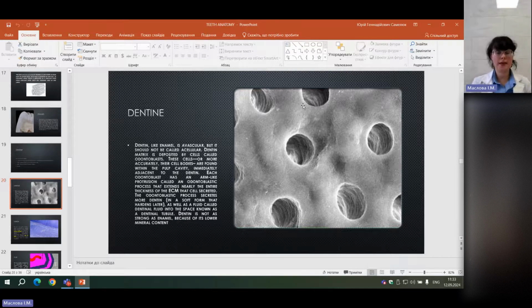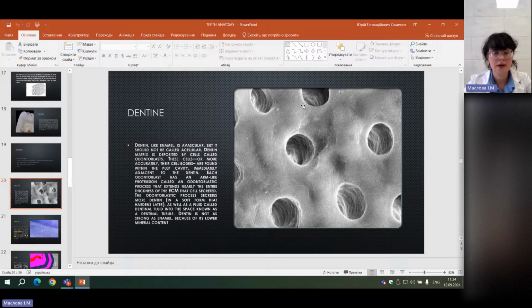Both dentine and pulp are derived from the dental papilla. Dentine is produced by odontoblasts as predentine, a mesenchymal product composed of collagen fibers, mainly types 1, 3, and 5, and proteins.